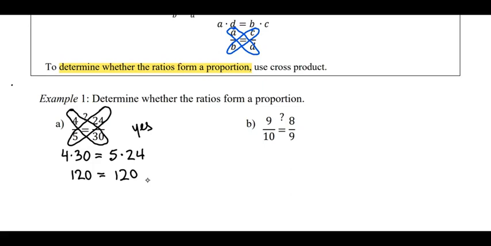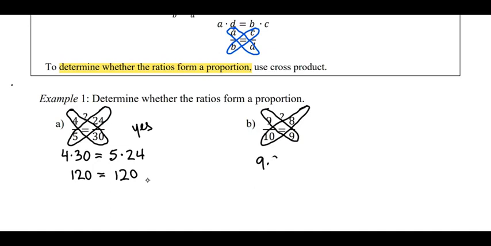So we're going to move on to part B. And here we need to verify whether 9 over 10 is equal to 8 over 9. So we're going to use our cross product rule. We're going to multiply 9 times 9 and 10 times 8.